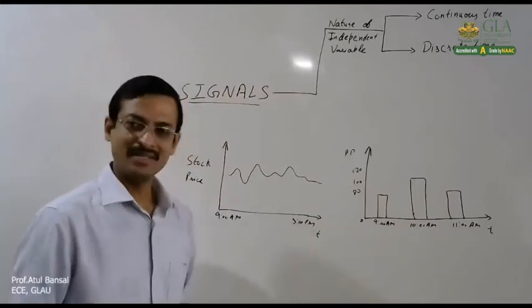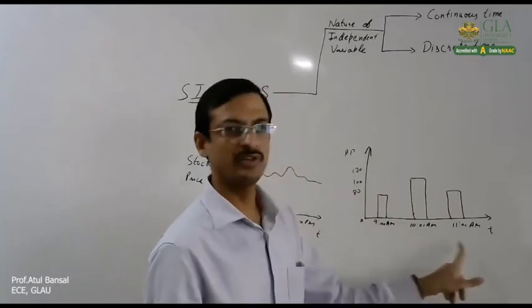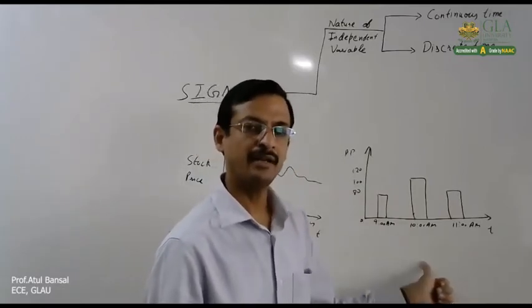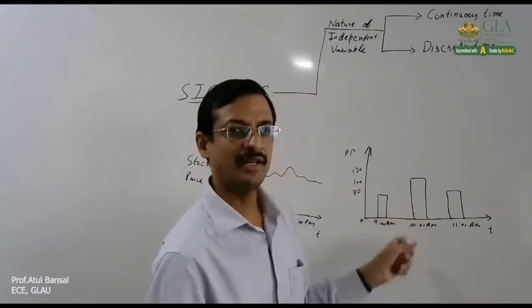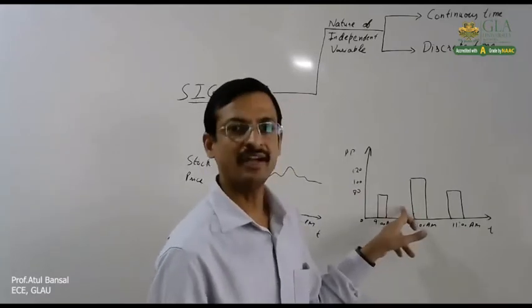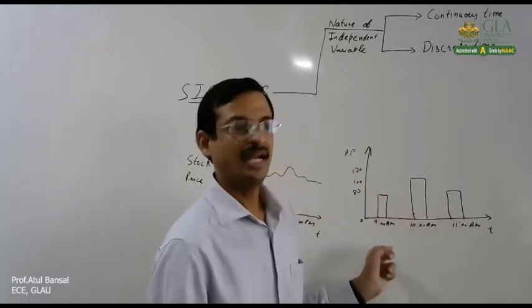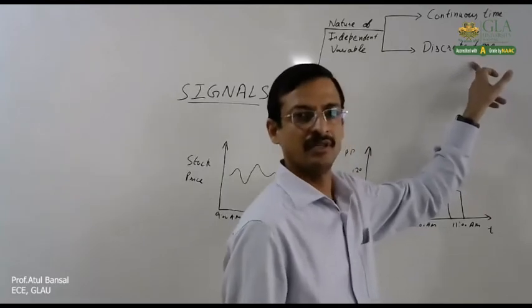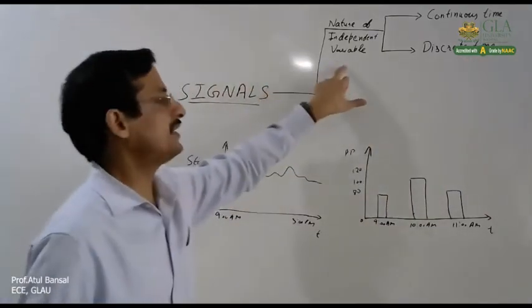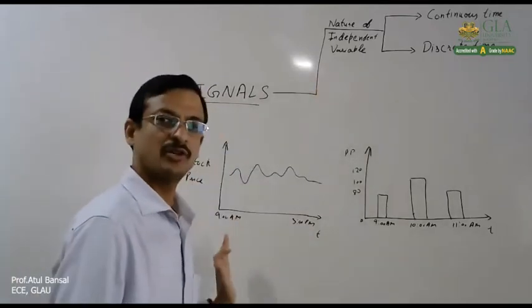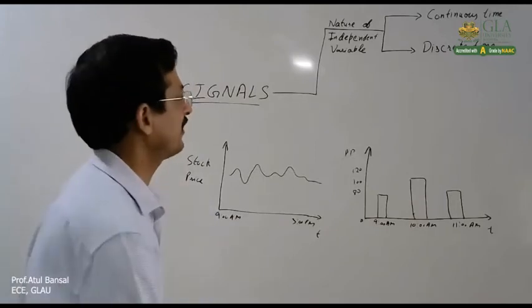Now, this signal is available only at discrete intervals of time, that is, only at 9, 10 and 11. If I ask you what the blood pressure is at 9:30, it is not defined, right? So this type of signal which varies at discrete instants of time is known as a discrete time signal. So based on the nature of the independent variable, we can say whether the signal is continuous time or discrete time. That is the first way of classifying the signal.